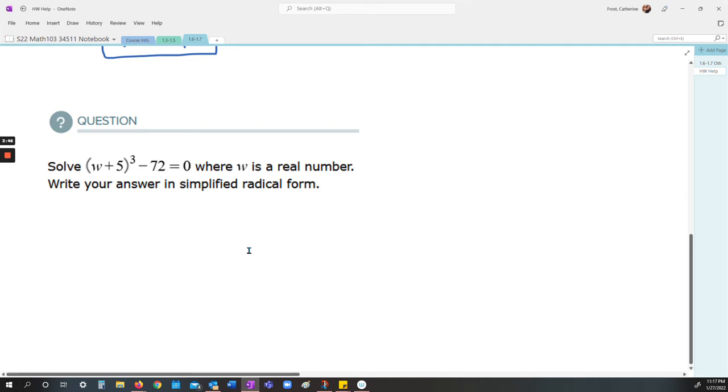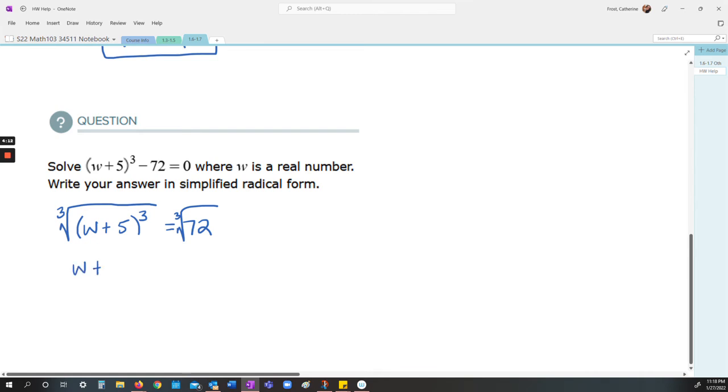So we've got w plus 5, the quantity cubed, minus 72 equals 0. I'm going to add that 72 to both sides so that I have w plus 5 cubed equals 72. Now I would take the cube root of both sides. Yet again, there's not a plus or minus because everything's odd in terms of our roots and our exponents.